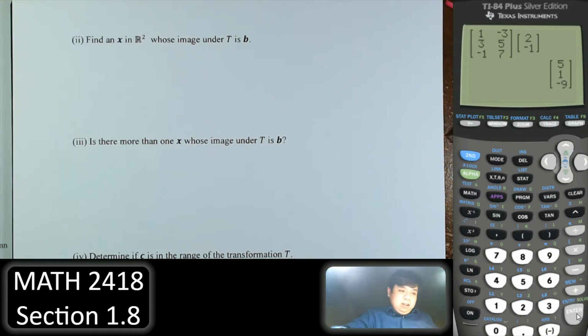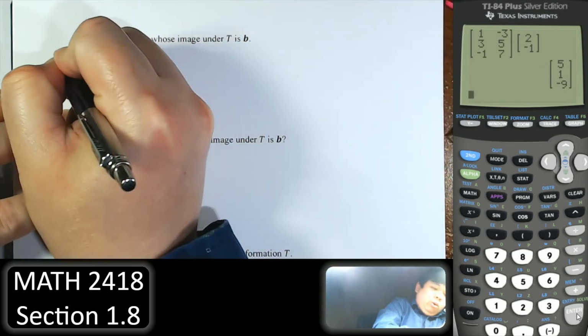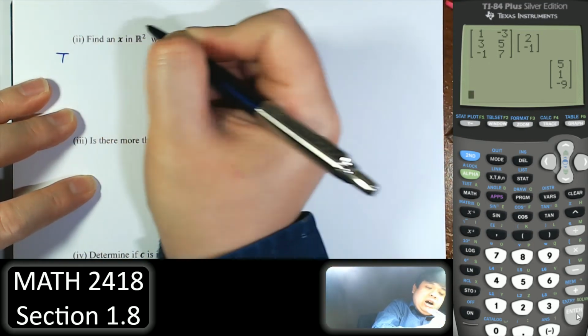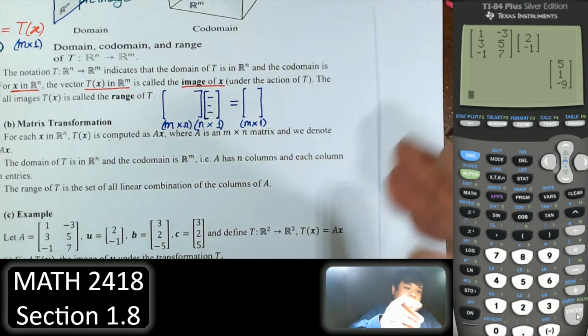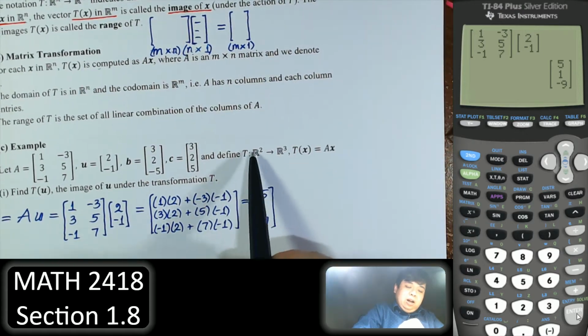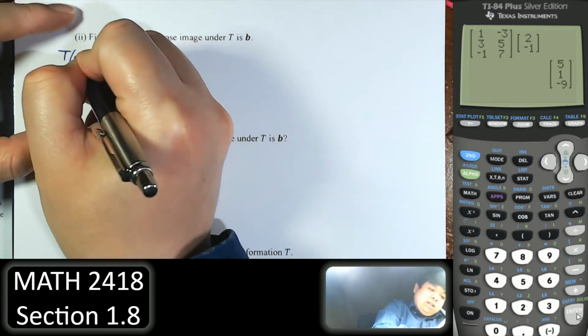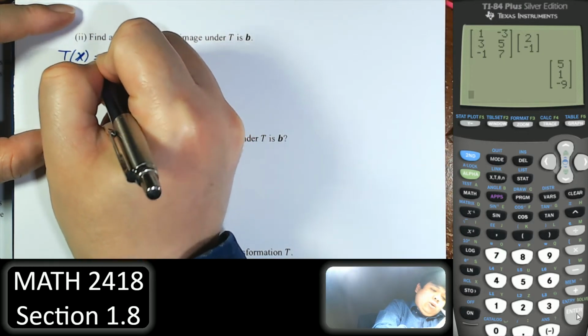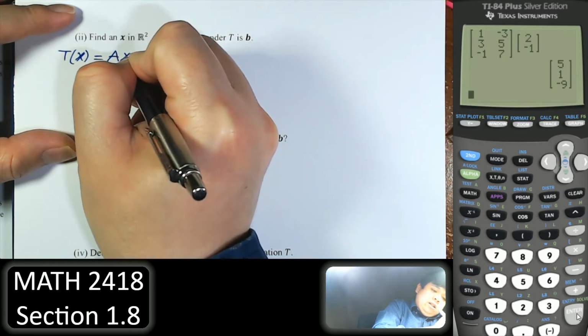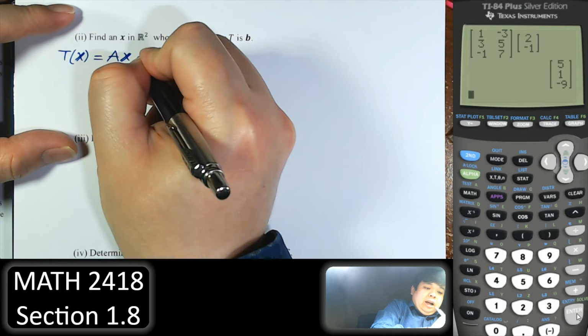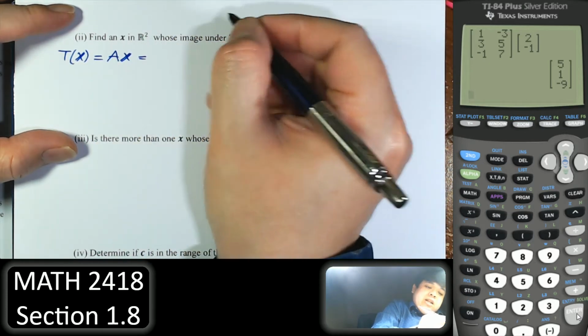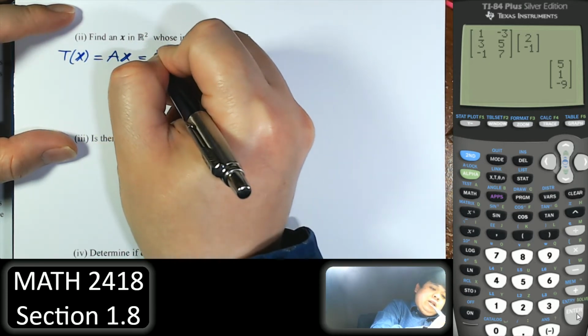So we will say x is in R2, which is in the domain, so we say T of x is equal to A times x. And this said the image under T is equal to b, so this has to be equal to b.